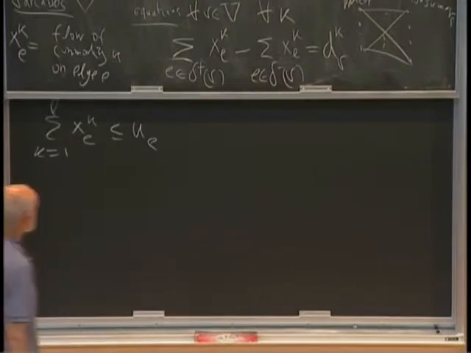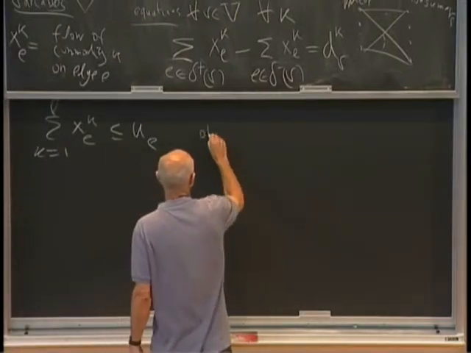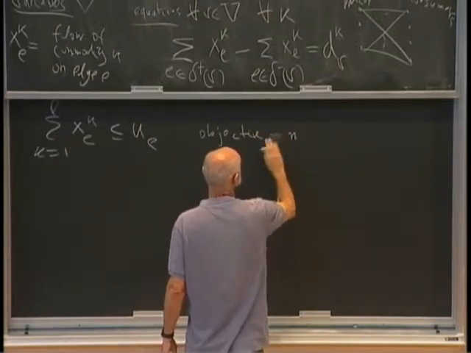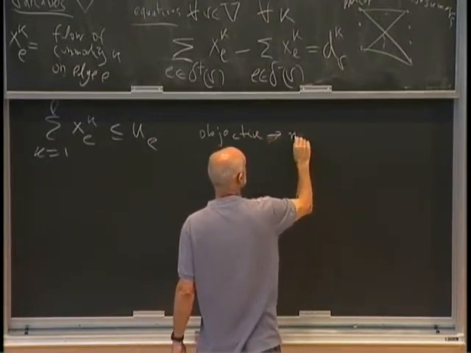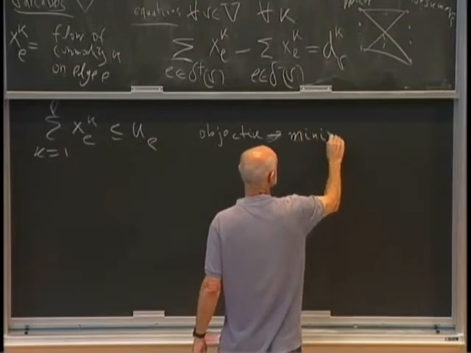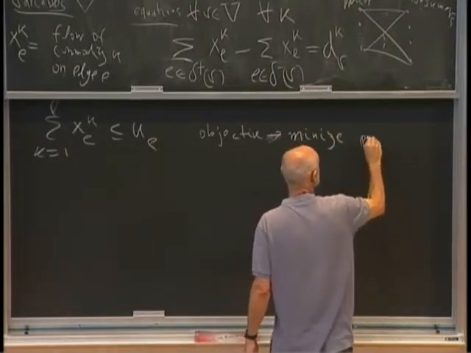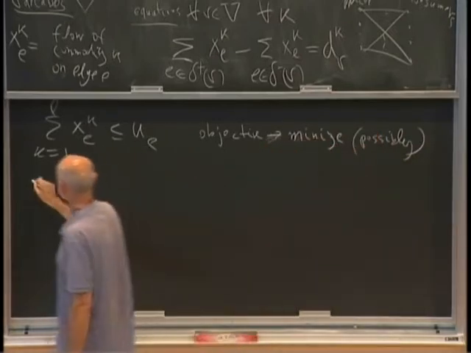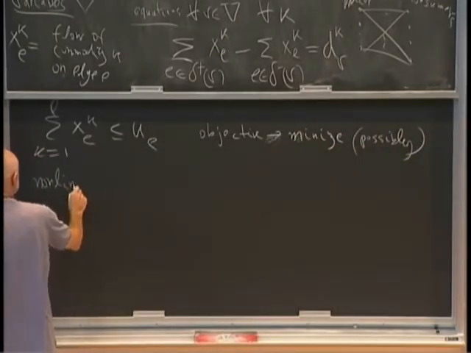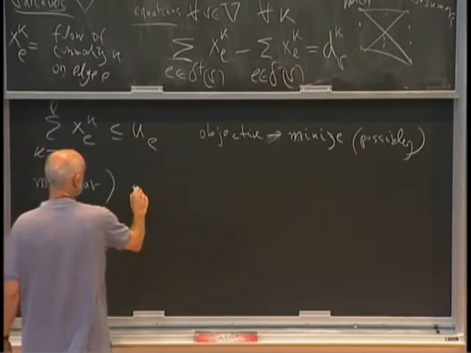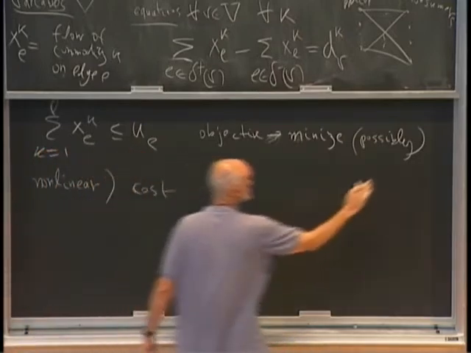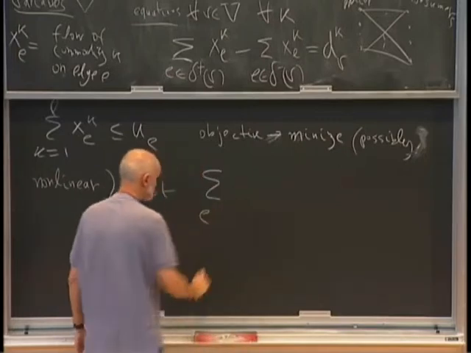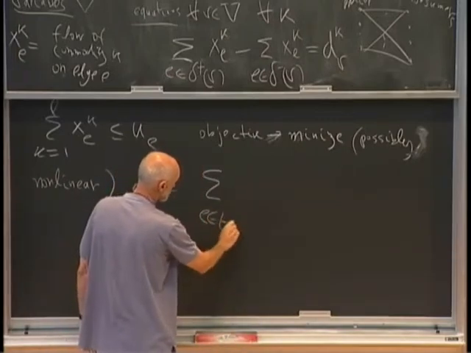And then we have some objective function, which is to minimize a possibly nonlinear cost, where the cost is a sum over all edges in the graph.